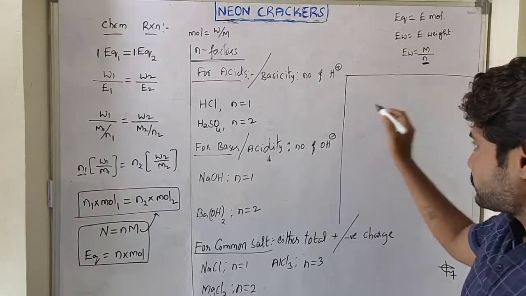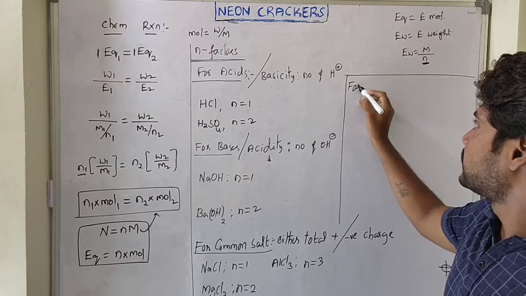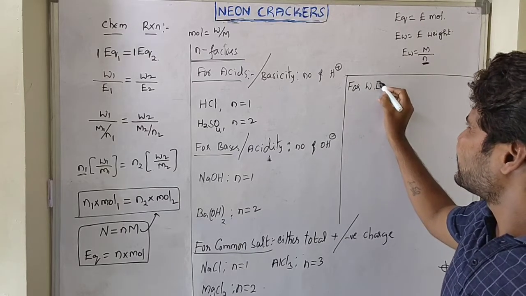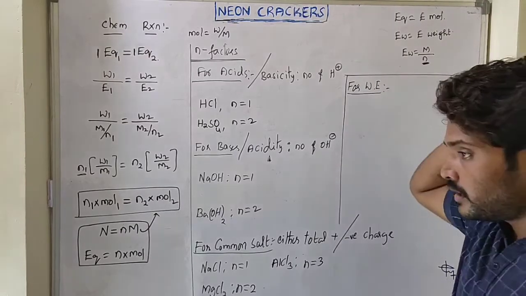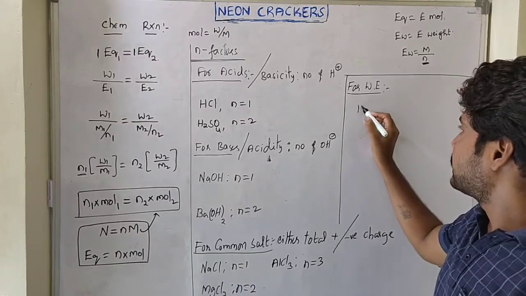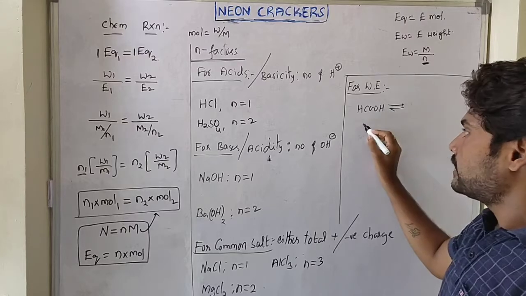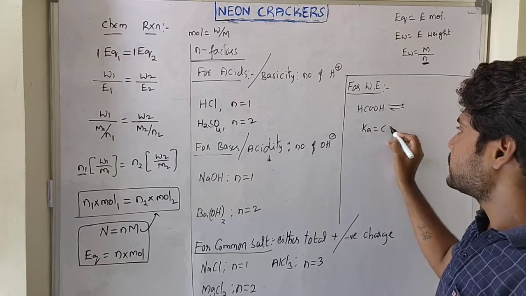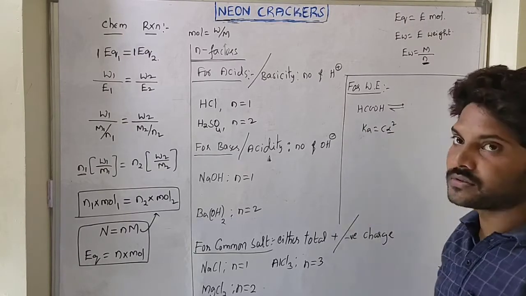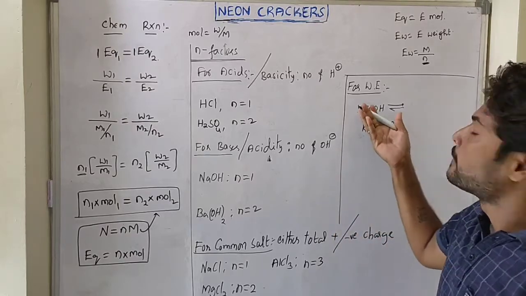The next one is for weak electrolytes. This is not so important, but for weak electrolytes, either weak acid or weak base, it depends on Ostwald dilution law. You have to find Ka equals C alpha square, and depending on the degree of dissociation, you find that N factor.